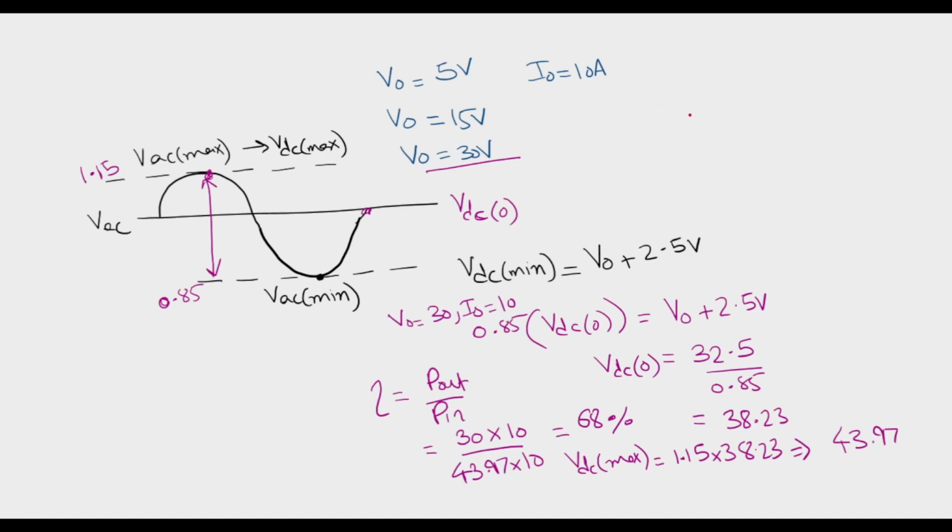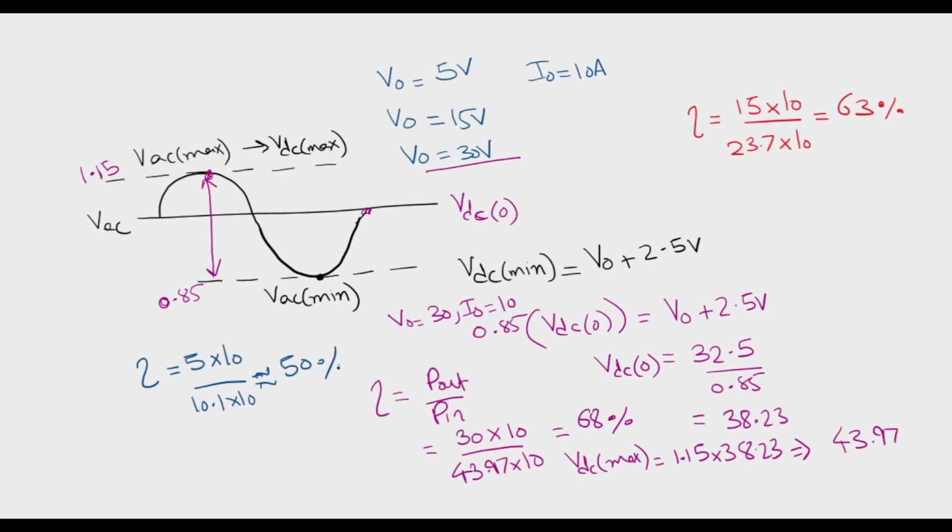Do this calculation, then the efficiency comes out as 15 times 10 divided by 23.7 times 10, which comes out as 63%. Now the last case is when the output voltage is only 5 volts. In this case, the efficiency is 5 times 10 divided by 10.1 times 10, which comes out approximately 50%.